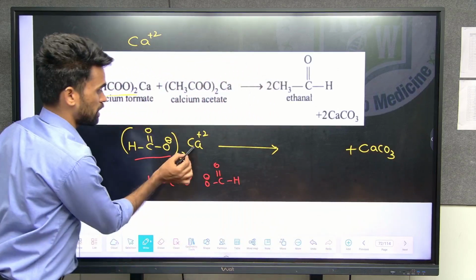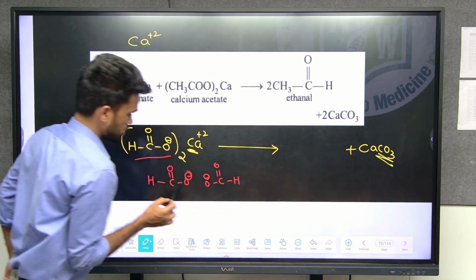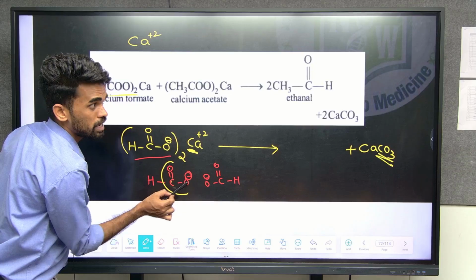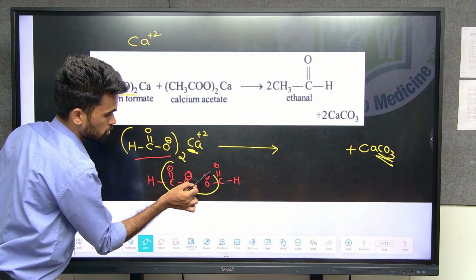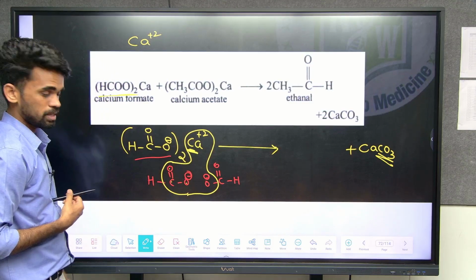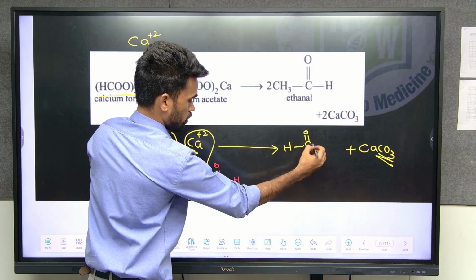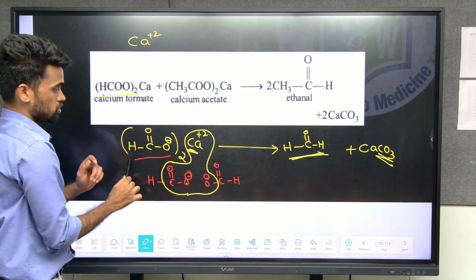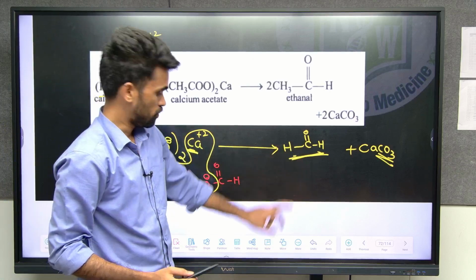It means with one calcium, one carbonate group is required. If I remove this part, you get CO2, but how many oxygens are required? 3. Remove from the adjacent also. Like this. What is the remaining part? Tell me. HCHO. So what is the final product you are getting? Formaldehyde. So if it is formate ion, calcium formate, that gives you formaldehyde.